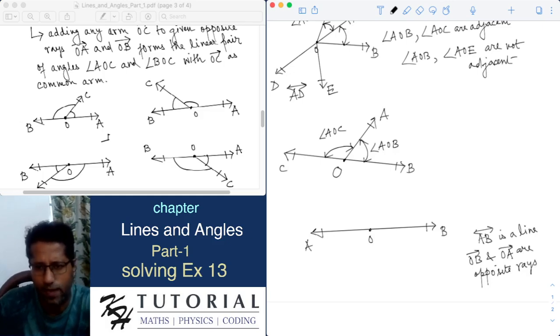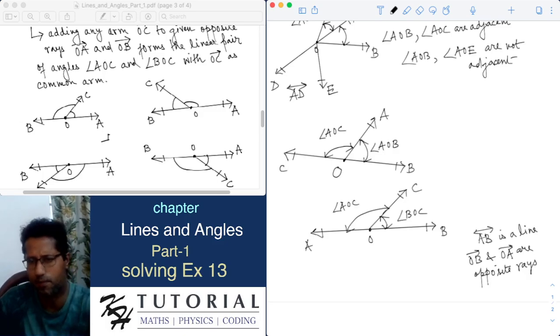So you have two opposite rays, OA and OB. Both rays form the line AB, and now from the point O, if you make any arm which is not lying on the line AB, let's say that arm is OC, then you will have two angles, this angle BOC and the angle AOC.